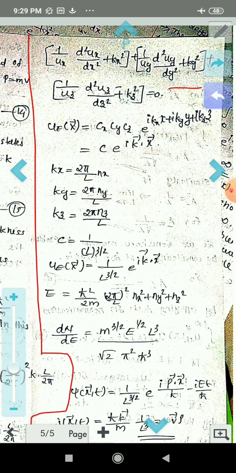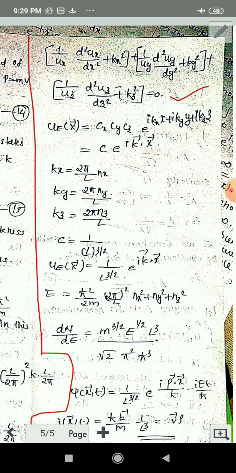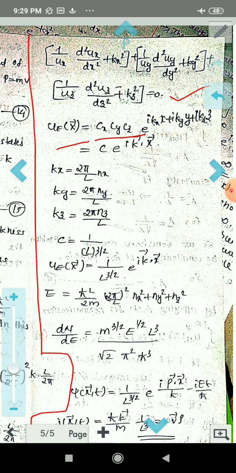And the solution for this equation will become u_E of vector x is equal to, there will be 3 constants cx, cy, cz, e raised to i kx into x plus i ky into y plus i kz into z, that can be written as c into e raised to i vector k dot vector x. Where kx is equal to 2π by L into nx, ky is equal to 2π ny divided by L, and kz is equal to 2π nz divided by L. nx, ny, nz are integers.